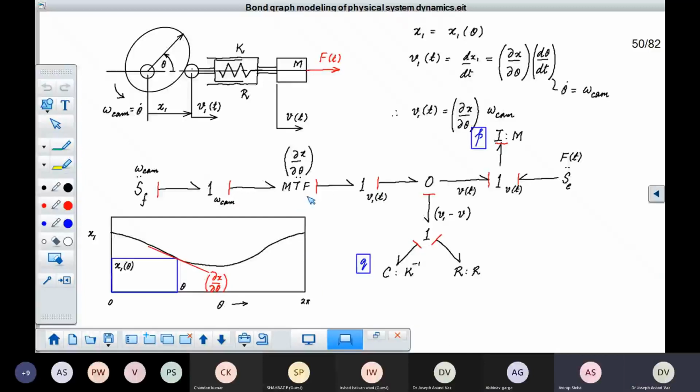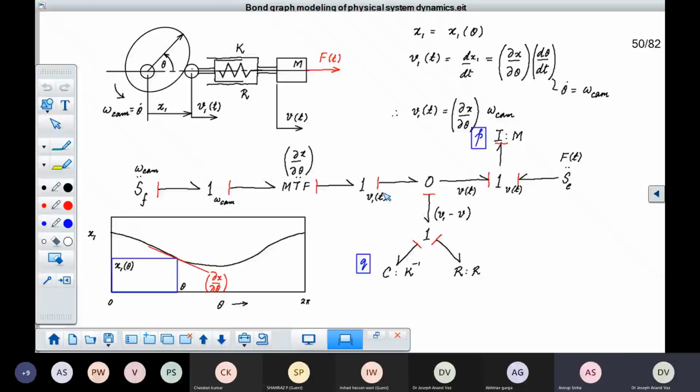So we don't use a conventional TF, but we use a modulated transformer. That means it can change with respect to some other variable. So angular velocity of the cam is related to the linear velocity of the follower using this relationship. The linear velocity is equal to this transformer modulus operating on angular velocity of the cam.